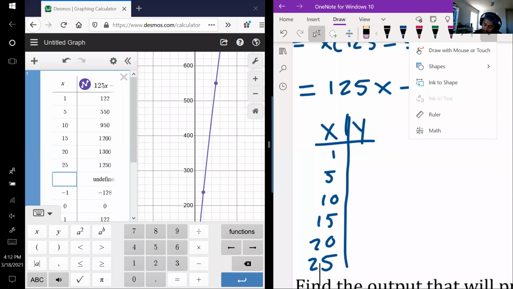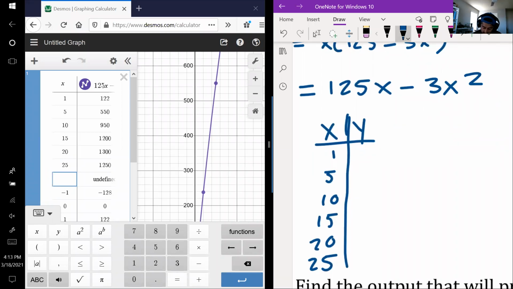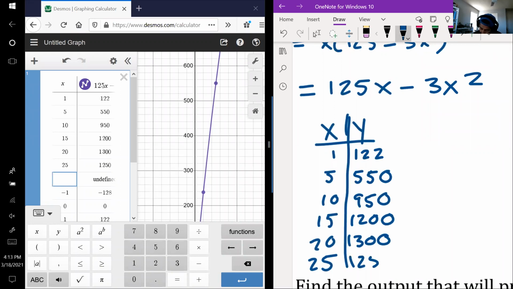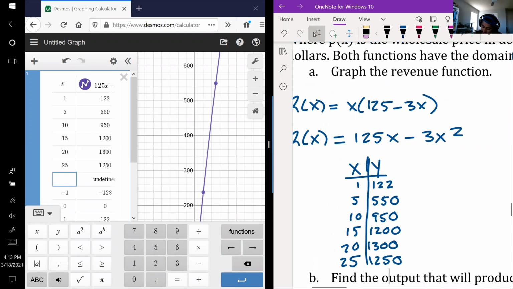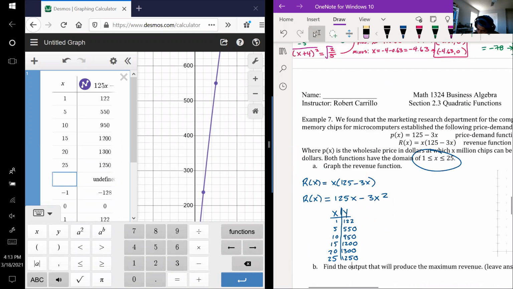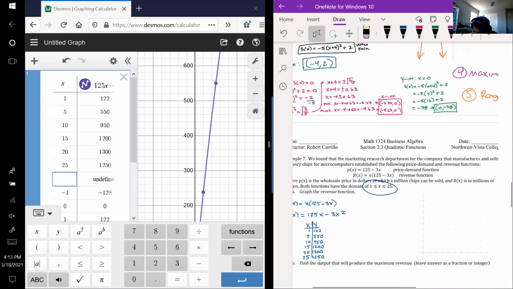Fill out my chart over here. I get 122, 550, 950, 1200, 1300, and 1250. Okay. There's my values. And now I'm going to plot them on this chart to the right.